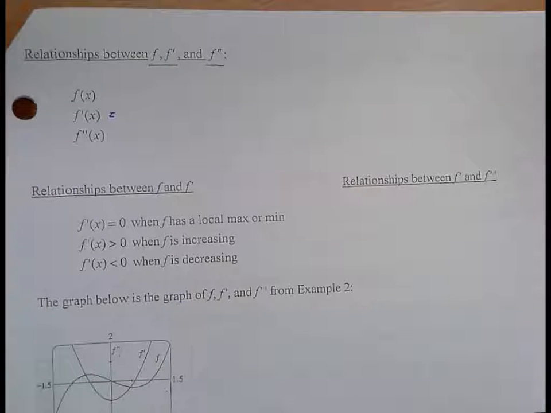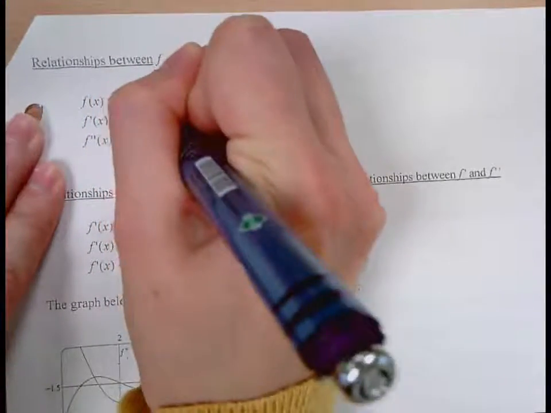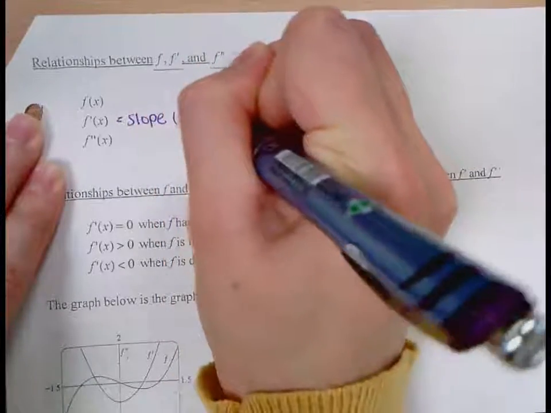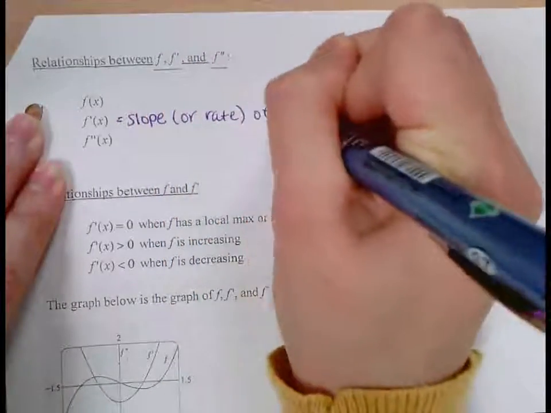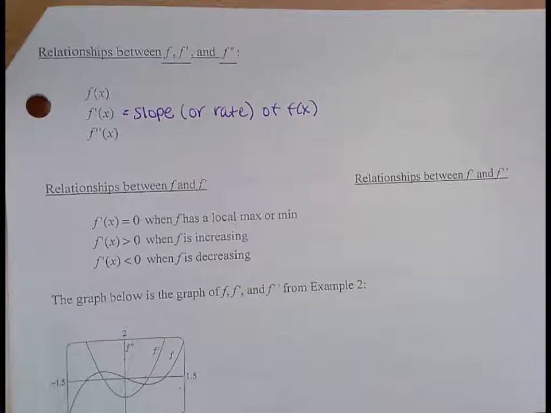Slope of the tangent line. Or we could say it just represents the slope, or rate, of f of x. It is the slope of the tangent line, but that can also be interpreted as just the slope of the curve itself at a specific point.